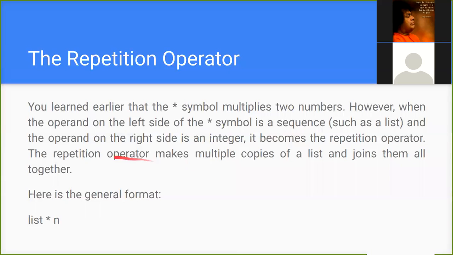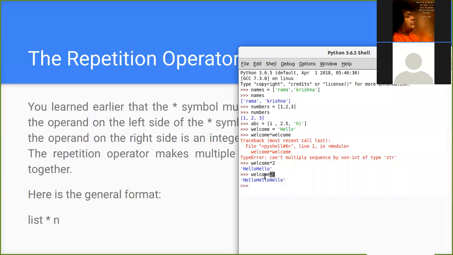The repetition operator makes multiple copies of a list and joins them together. Suppose I have a list called ABC. What will I get by multiplying it by a number 2?